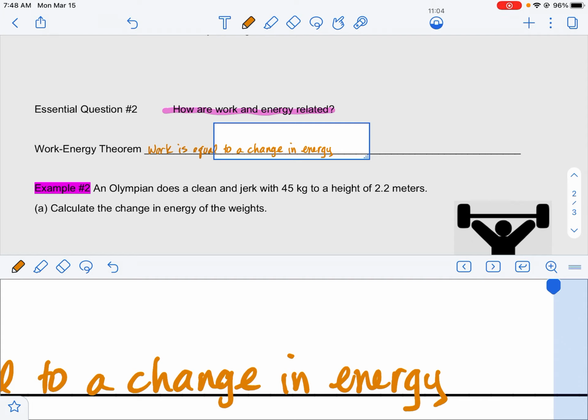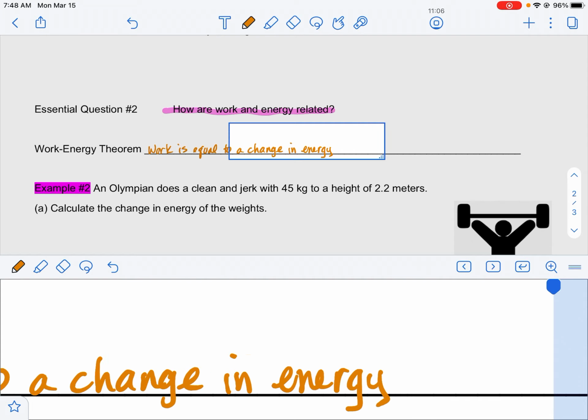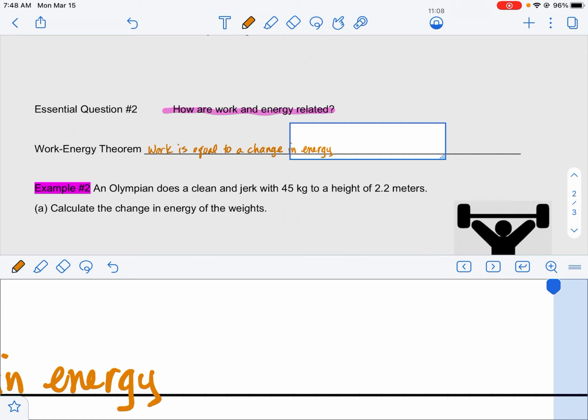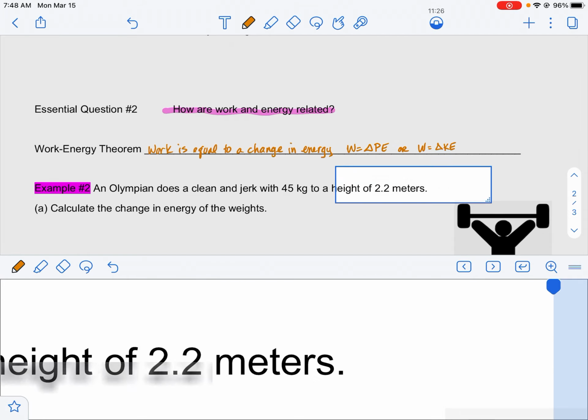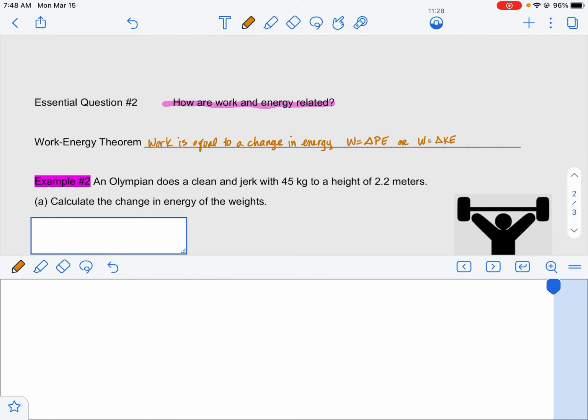Okay? And work is the change in energy. So we can say for this theorem that work is equal to the change in potential energy, or we could say that work is equal to the change in kinetic energy. Either one of those things. Also other kinds of energy, but we're focusing on potential and kinetic. So let's go ahead and see how this kind of all works out.